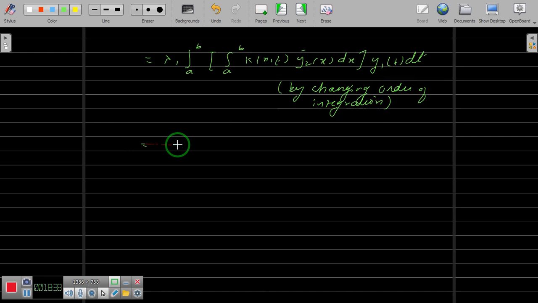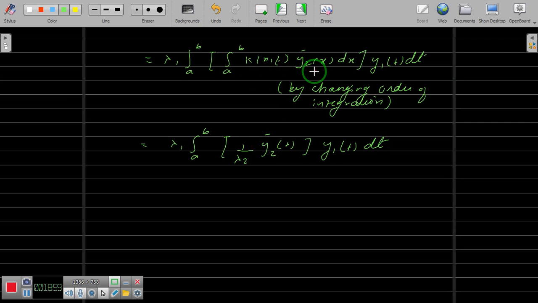This will be equal to lambda 1 integral a to b, and this bracket is nothing but 1 upon lambda 2 times y2 bar of t, and this is y1 of t. Okay, let me tell you why it is.